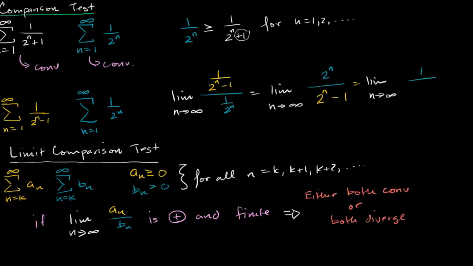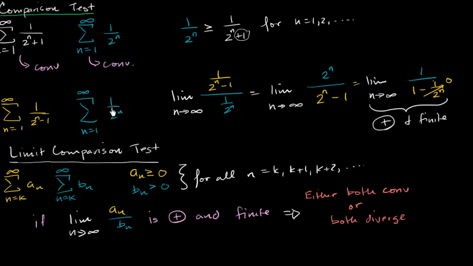If I divide the denominator by 2 to the n, I'm going to have 1 minus 1 over 2 to the n. And now it becomes clear. This thing right over here is just going to go to 0, and you're going to have 1 over 1. The important thing is that this limit is positive and finite. The limit is 1, which is positive and finite.